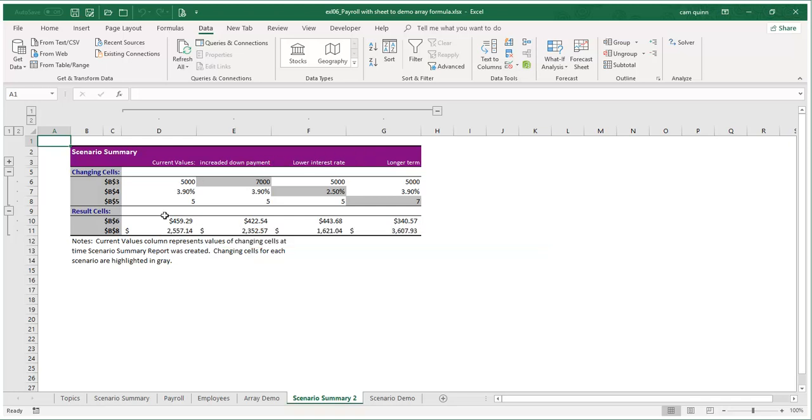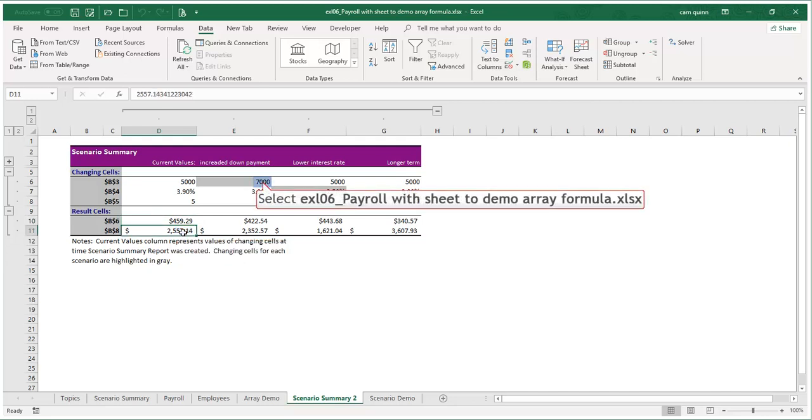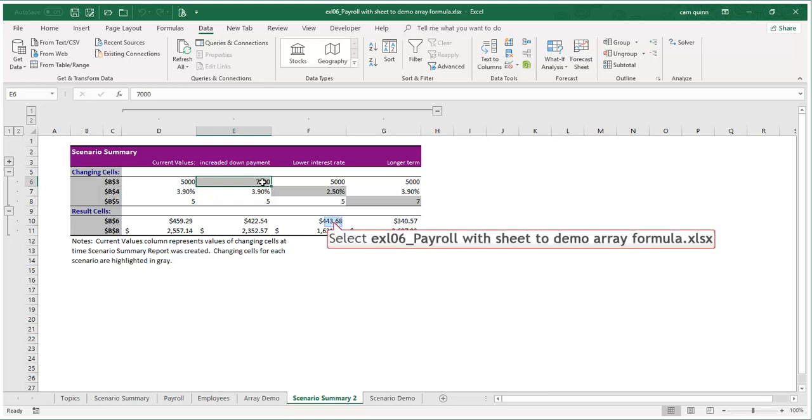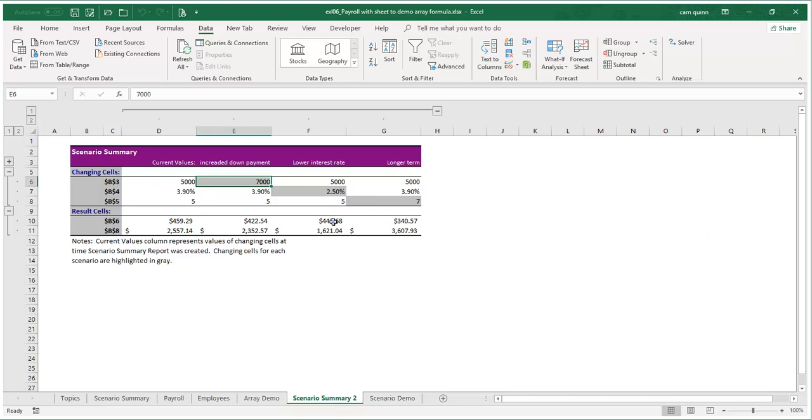If I have a bigger down payment, a $7,000 down payment, so $2,000 more, I'm going to be paying $200 less interest, and I'm going to be paying $20 or $30 a month less. If I have a lower interest rate at 2.5%, going back to the $5,000 down payment, 2.5 versus 3.9, my payment drops to $443, and my interest drops from $2,500 to $1,600.